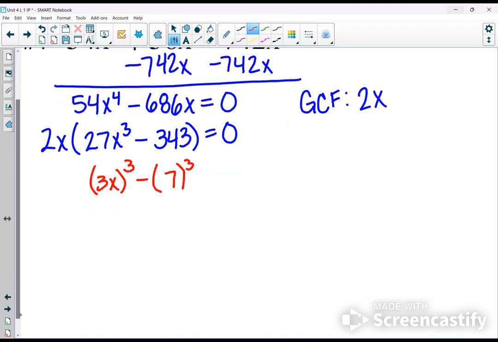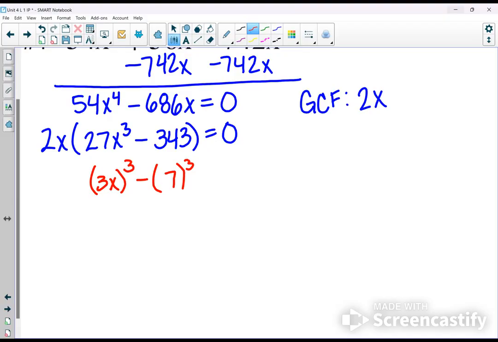So I can further factor this polynomial. I still have the 2x being factored out at the beginning, which will give me a solution to the equation, but I can apply my difference of cubes formula that we just reviewed in the last slide.